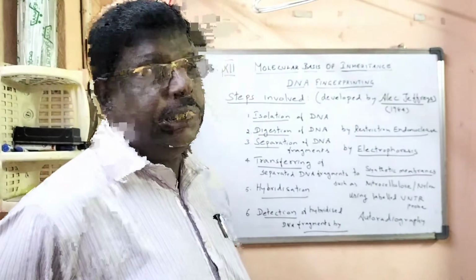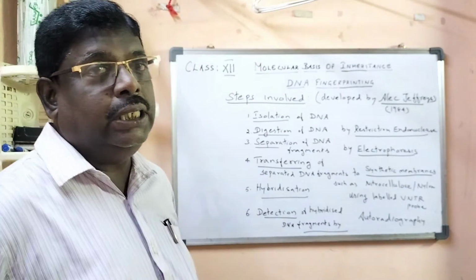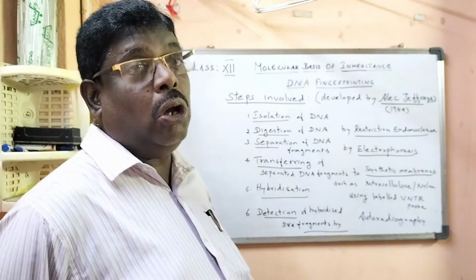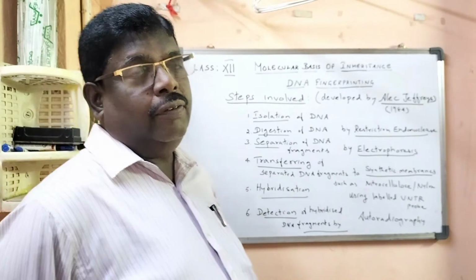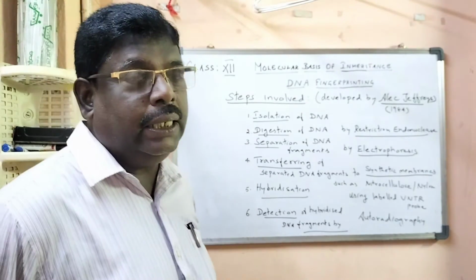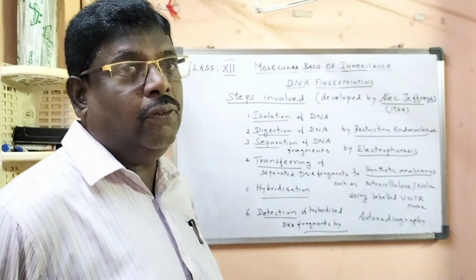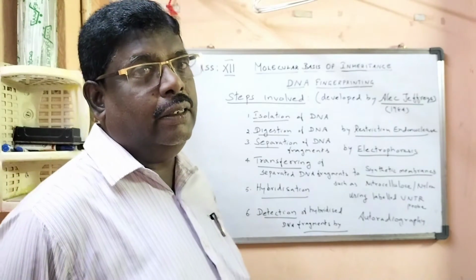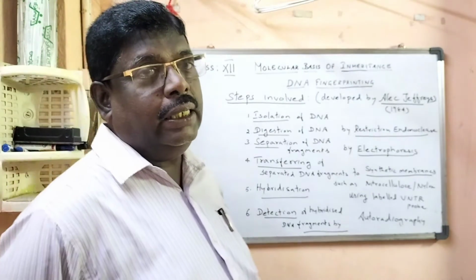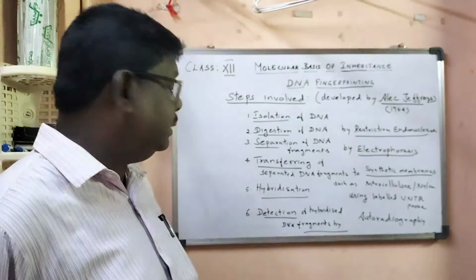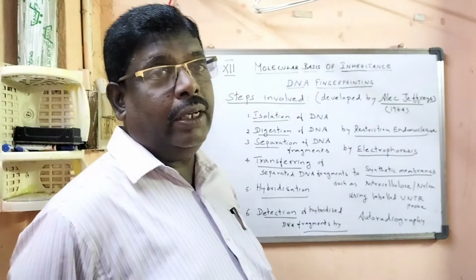Finally, detection of hybridized DNA fragments. It is done by autoradiography. In further chapters, you'll be reading about this electrophoresis technique and autoradiography. So these are the six steps involved in DNA fingerprinting.